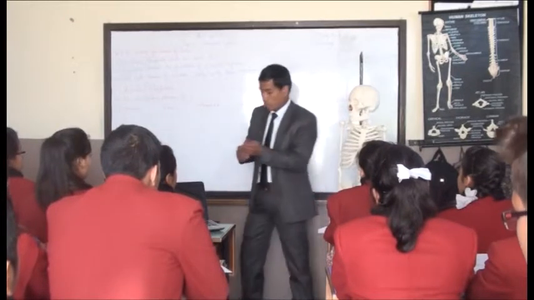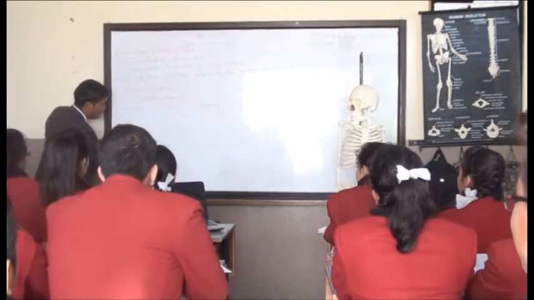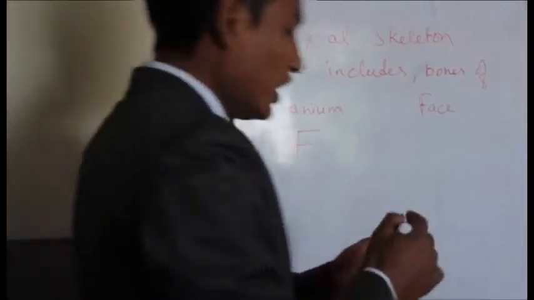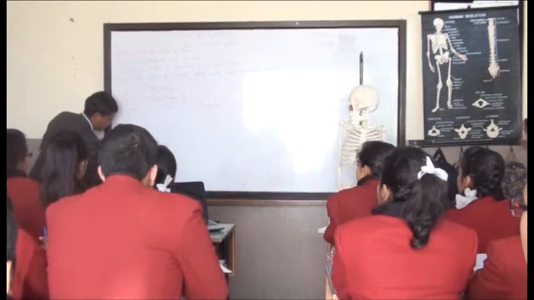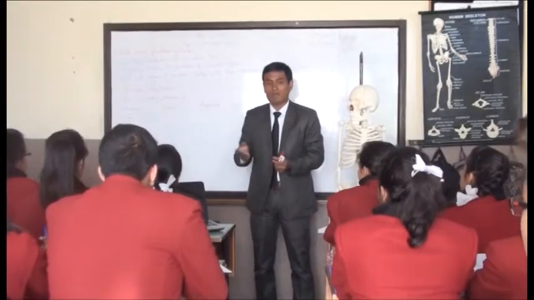To remember the bones of cranium, I have a special or easier method for this. You need to first memorize or remember the first letters of the bone's name. I have made a combination out of that. It is F-O-T-S-E-P. Forceps. It sounds like forceps.